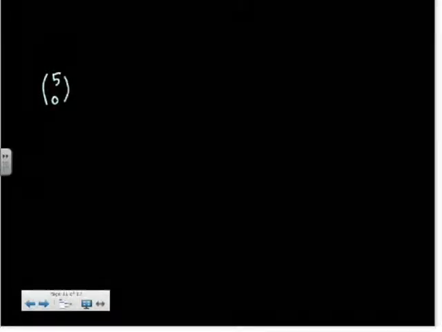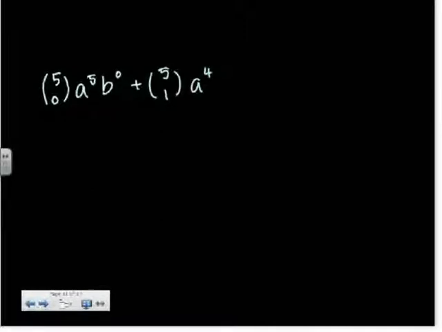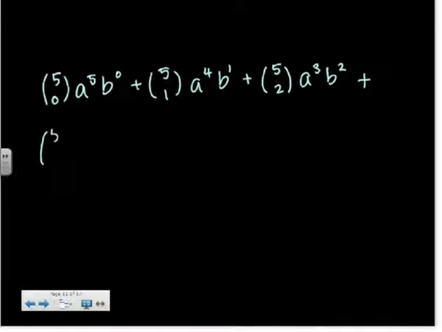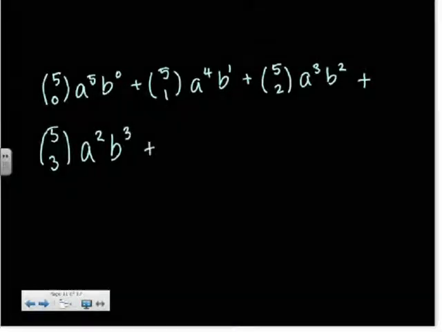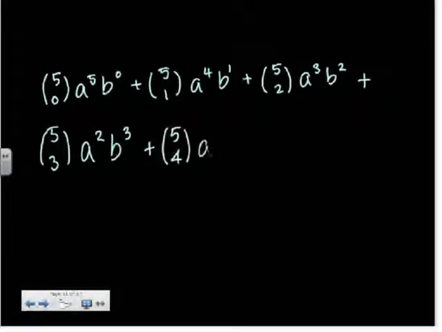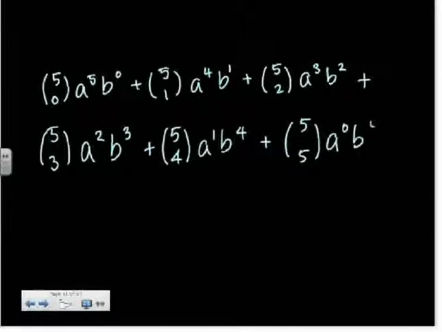According to the definition, we'll have 5 choose 0, a to the power of 5, b to the power of 0, plus 5 choose 1, a to the power of 4, b to the power of 1, plus 5 choose 2, a to the power of 3, b to the power of 2, plus 5 choose 3, a to the power of 2 times b to the power of 3, plus 5 choose 4, a to the power of 1 times b to the power of 4, plus 5 choose 5, a to the power of 0 times b to the power of 5.